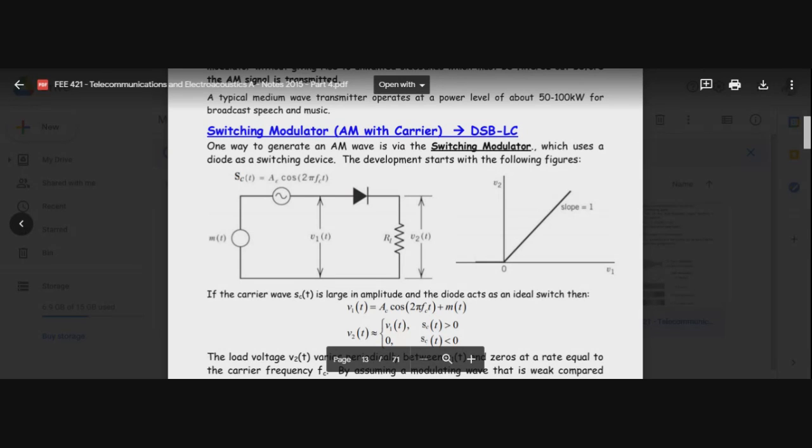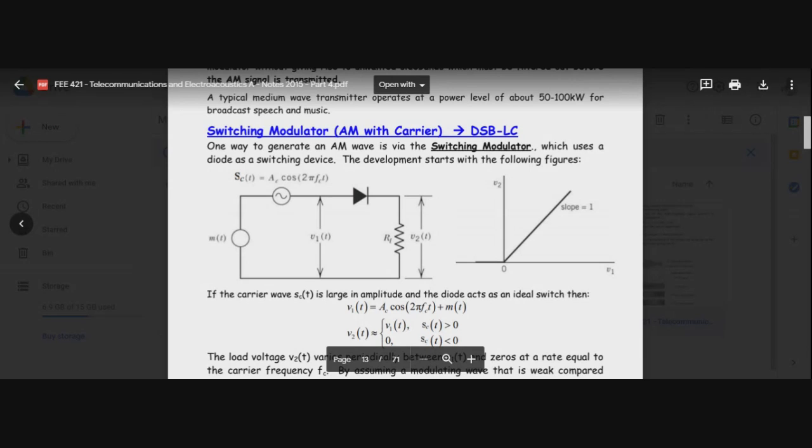But the diode is being used to switch on and off. In this case the input is V1. When V1 is positive, the diode is on, and when V1 is negative, the diode will be off. So it's switching, and we are assuming an ideal diode.